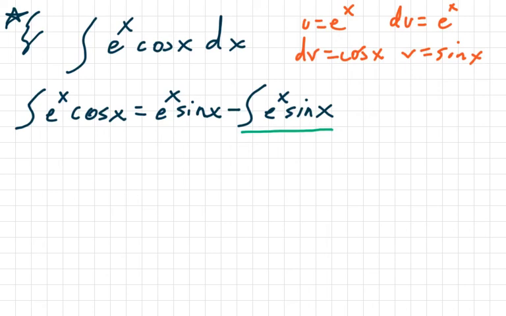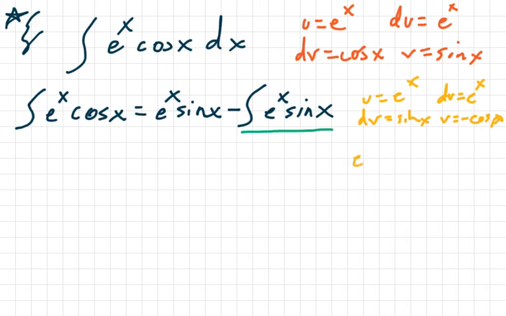So again, I'll switch colors here. I'll let my u equal e to the x, dv equals sine x, my du equals e to the x, and my v equals negative cos x. Okay, so now when I go and I simplify this all here, I'm just going to do it without writing out the whole formula.